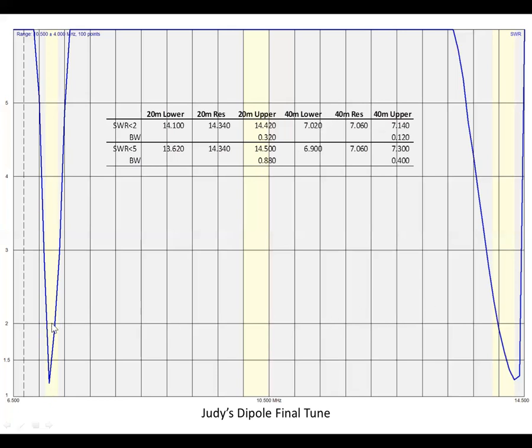because the narrower the bandwidth, the harder it's going to be to get it centered in the band, say in 40 meters here. Whereas here you can see this thing could have moved plus or minus a fair amount. I could still have everything under an SWR 3.